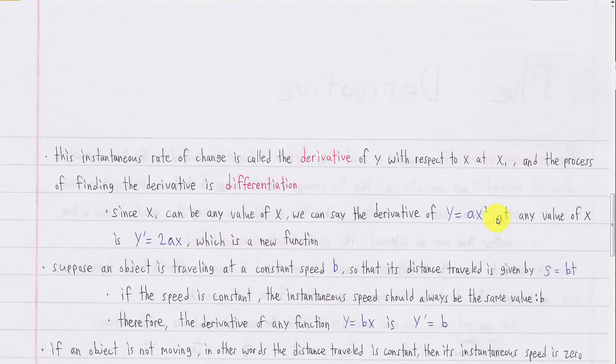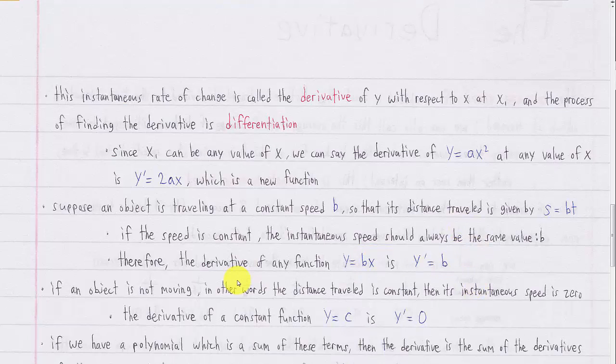So if the speed is constant, then what do you think the instantaneous speed should be? The instantaneous speed should always just be the same, because the speed is never changing. So the instantaneous speed is the same as the average speed. Therefore, the derivative of this function should be b. So the derivative of any function bx, where b is a constant, is just b.